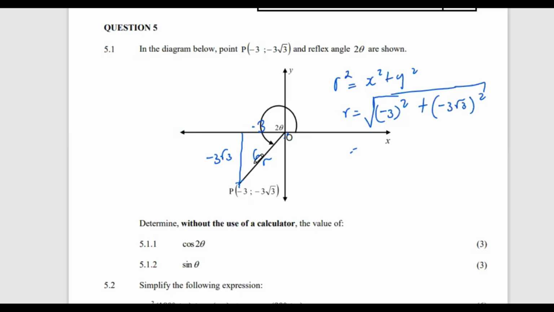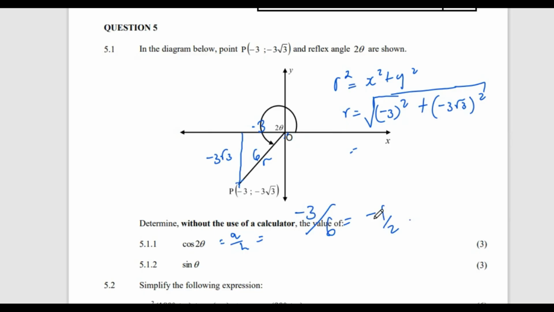You must always have positive values. Then from there, we can now answer the question of cos, because we know that cos is adjacent over the hypotenuse. So our adjacent is -3, and then the hypotenuse is a 6. So the answer becomes -half.